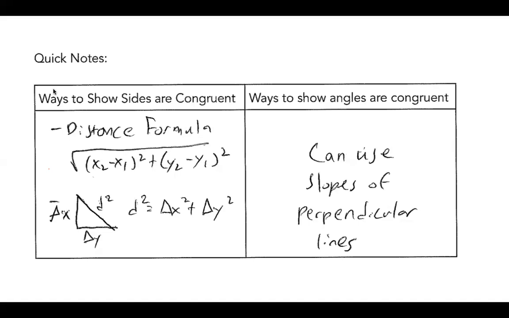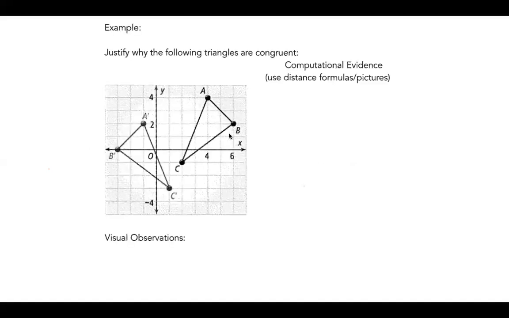So let's take a look at a specific example, explaining why the triangles are congruent to each other. Here is a triangle congruence proof, and we want to use distance formulas and pictures. So maybe I'll color code for each one.